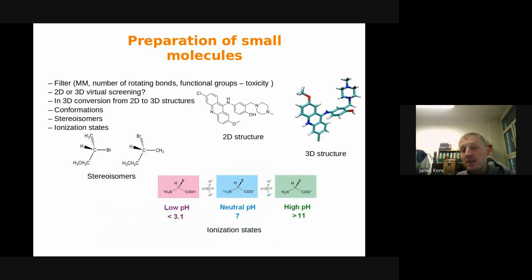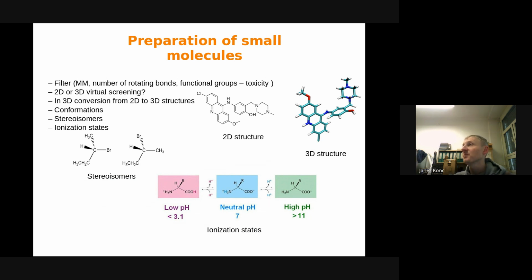So, preparation of small molecules. All small molecules can be found in these databases as 2D structures or three-dimensional structures, and it depends what you want to do with these structures. Now, if you want to, for example, convert them from 2D to 3D structures, you have to be careful about conformations, stereoisomerism, and ionization states of the structure.